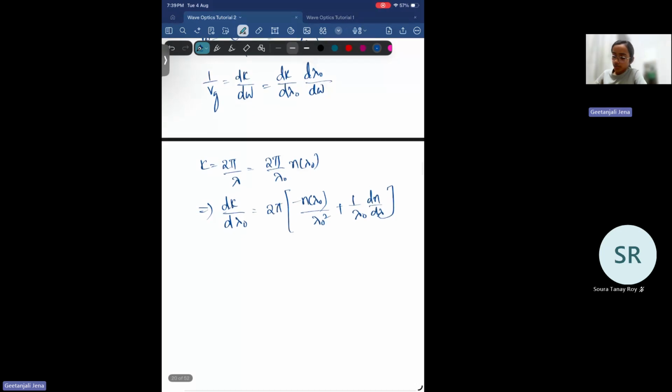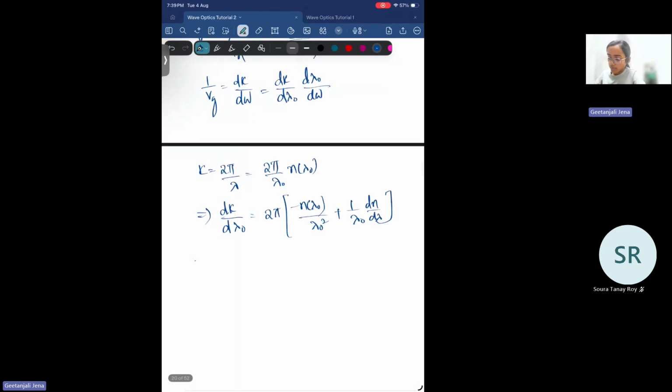Similarly, we can calculate d lambda 0 by d omega by taking k0 is 2 pi over lambda 0. This is omega by c, which is 2 pi over lambda 0. So that means lambda 0 is 2 pi c by omega. So d lambda 0 over d omega is minus lambda 0 square by 2 pi c.